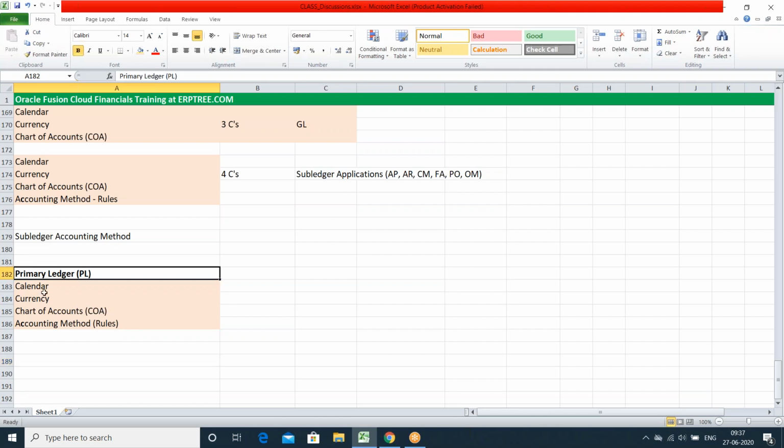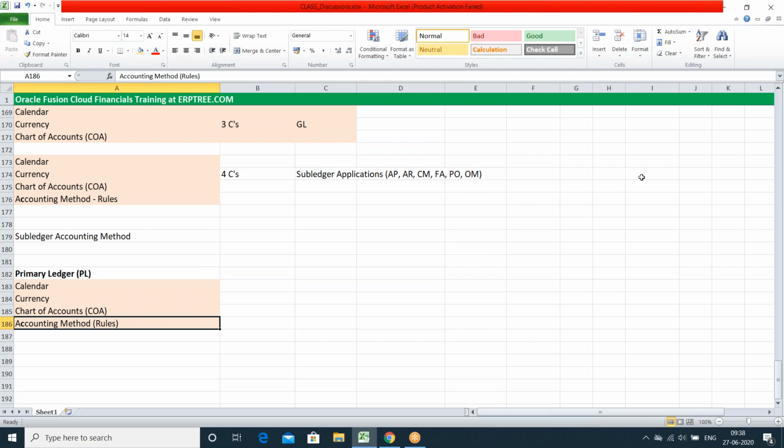In one primary ledger, you can take only one calendar, one currency, one chart of accounts, and one accounting method. So wherever you use this primary ledger, the same accounting method is applicable. When you use this primary ledger in all these applications, whatever accounting method you have within it will be applicable for all.